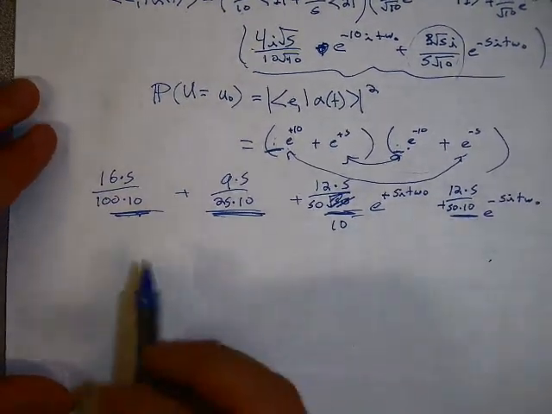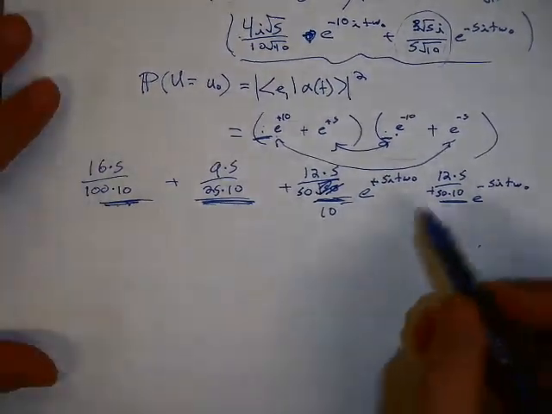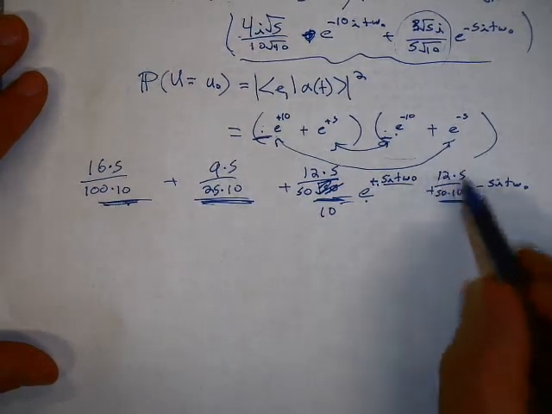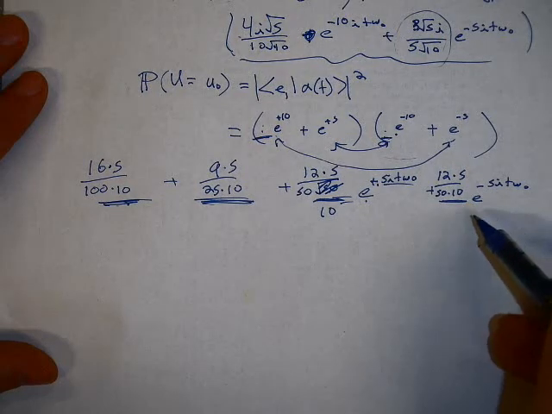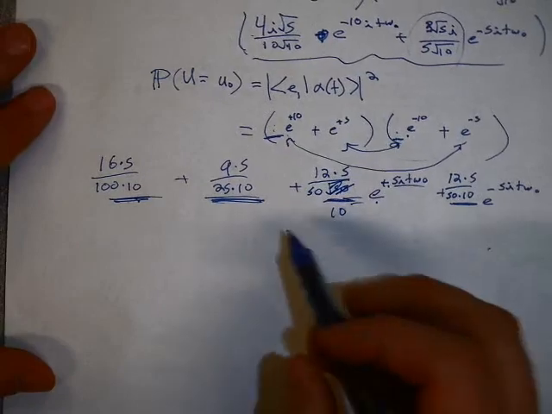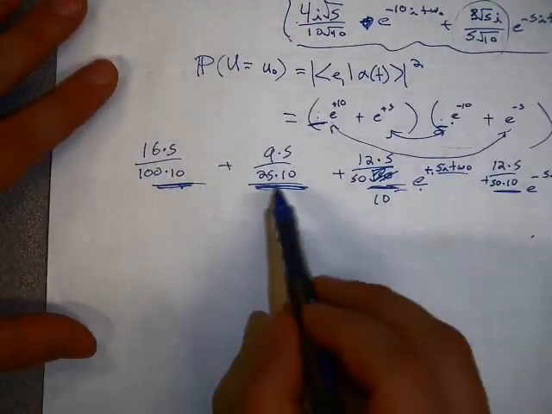Okay, but let's check and see if this makes sense, because do you see that this is e to the plus something plus the same number e to the minus something? That's just 2 times the cosine of that thing, right? So we've actually got a constant here. So let's get a common denominator.